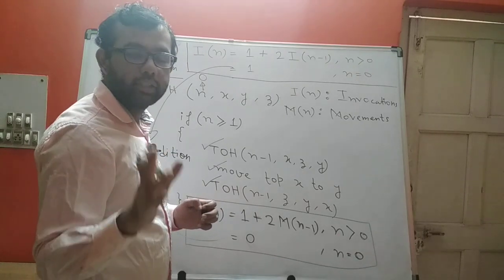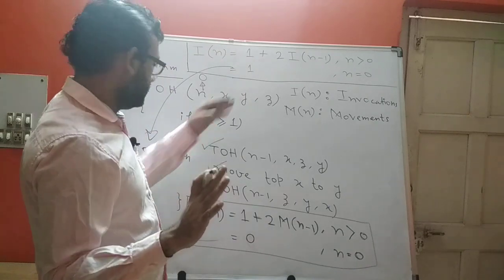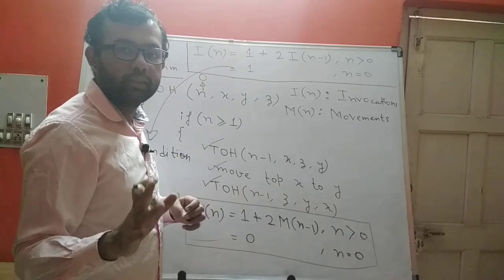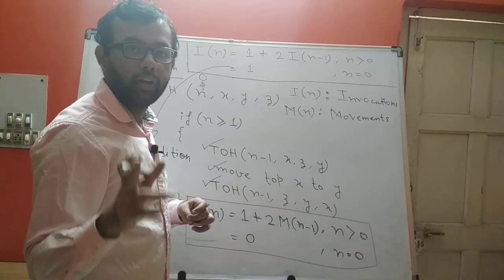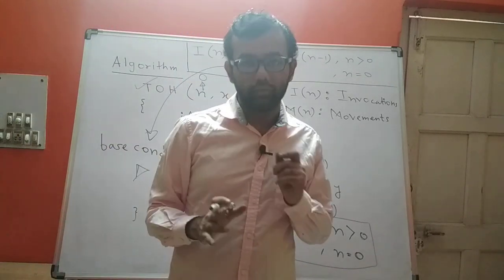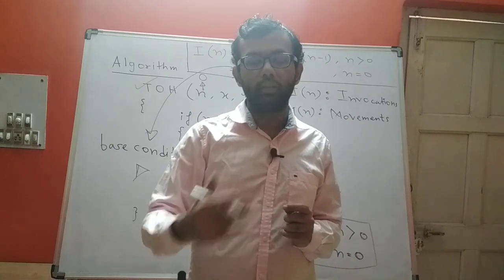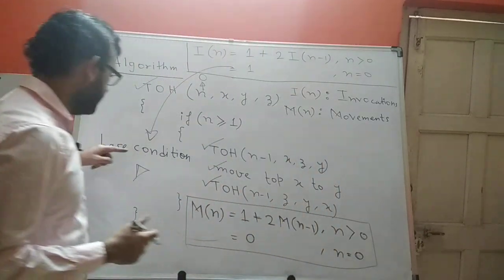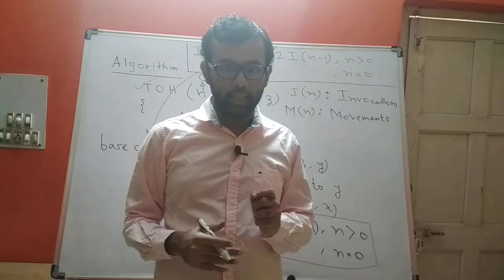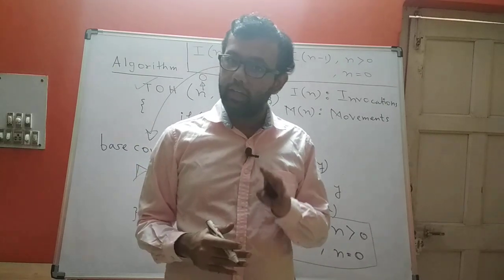Every recursive function must have a base case, resulting in a base condition in the corresponding recurrence relation. Otherwise, the function will enter an infinite loop. So remember, every recursive function must have a base case. This base case will lead to a base condition in the corresponding recurrence relation. Without a base condition, the recursive function will enter an infinite loop.